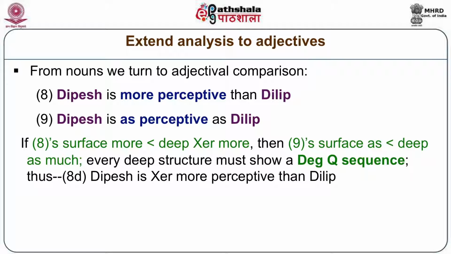As you see, more in Dipesh is more perceptive than Dilip is paired up with the object of comparison marked by than Dilip. In the positive case, Dipesh is as perceptive as Dilip. The element as on the left is matched with the element as on the right. It so happens that they look the same. But as you see in the case of more and than, they don't perform the same role.